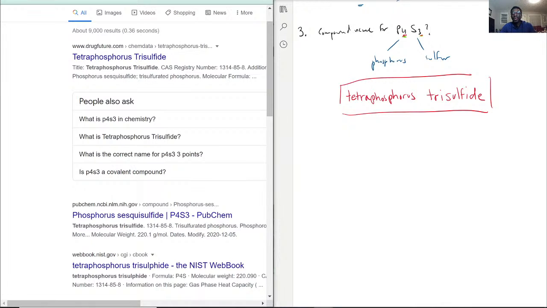I'll think of some examples later. But point being, phosphorus sesquisulfide is just something that you'd have to memorize, which wouldn't really apply here because what they're looking for here is if you know how to name molecular compounds, which is why I highlighted tetraphosphorus trisulfide.